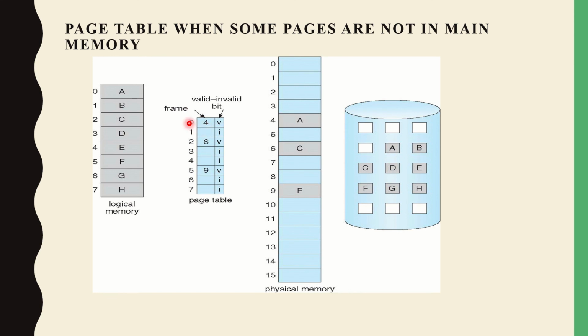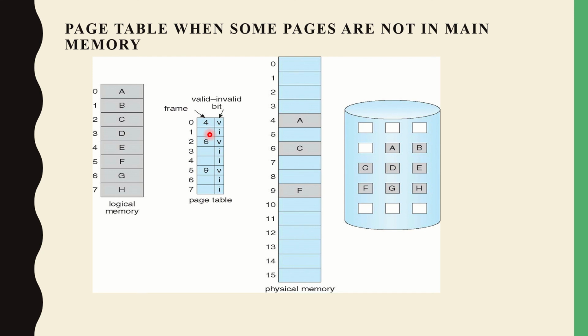So the 0th page is available in the 4th frame of your main memory, so the 4th frame contains the 0th page value, which is A. That particular page value is available in the main memory, so we denote it with V, a valid bit, meaning this page is already there in the memory.